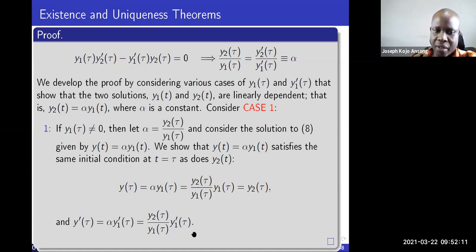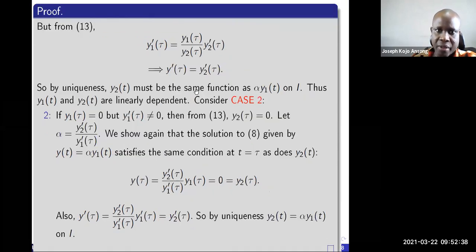But if you multiply both sides by y1 prime, then you see that this is actually y2 prime. Multiply this by that, then y2 prime is equal to y1 prime at tau times this, which is this. So y prime at tau is equal to y2 prime at tau.